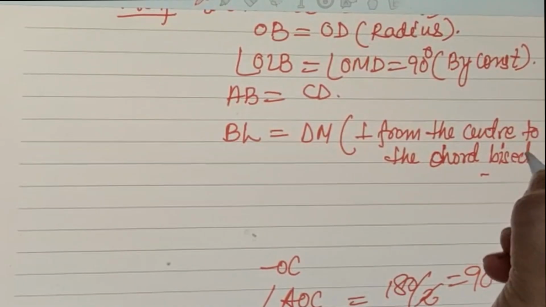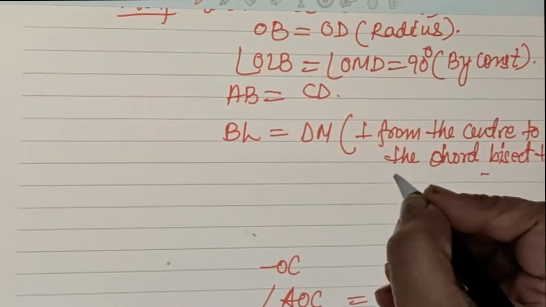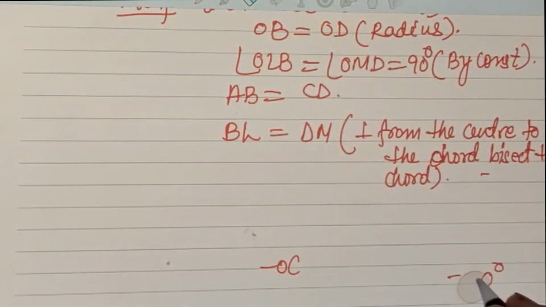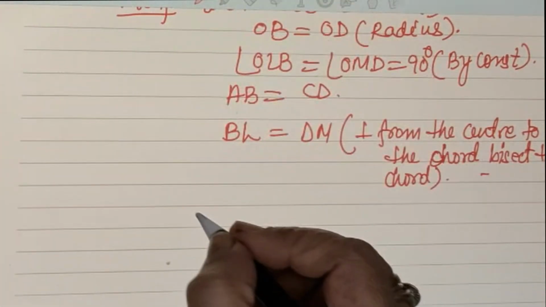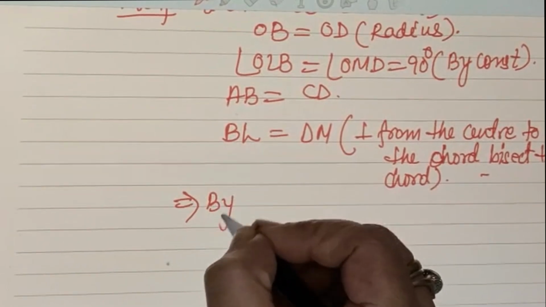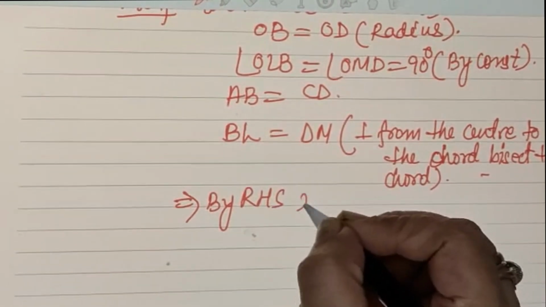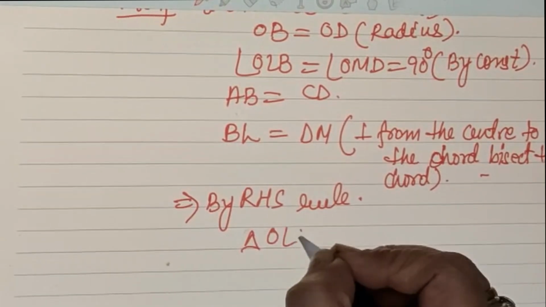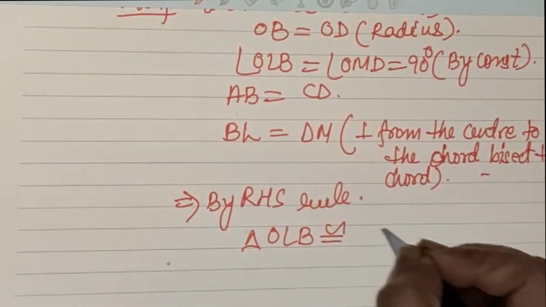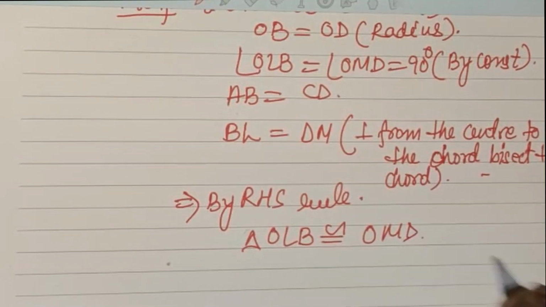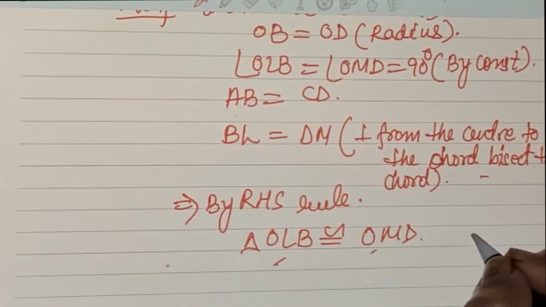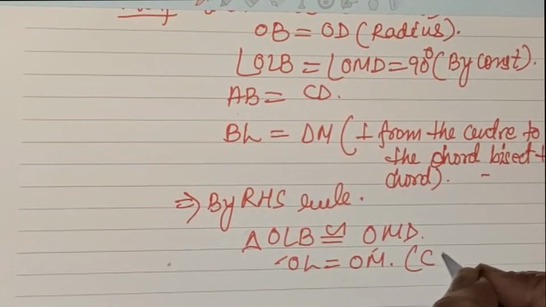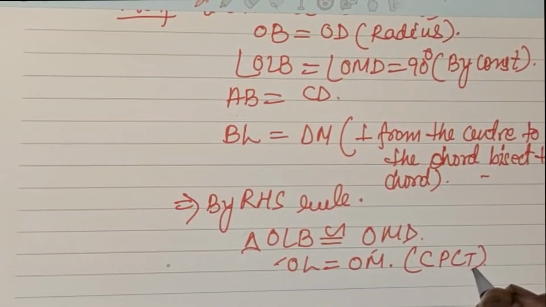Okay? And the reason you always need to write. Without reason you cannot get the marks. Now coming to the next part, by RHS rule, triangle OLB will be congruent to triangle OMD. When you make the triangles congruent, OL and OM are equal, CPCT. All of you understood?